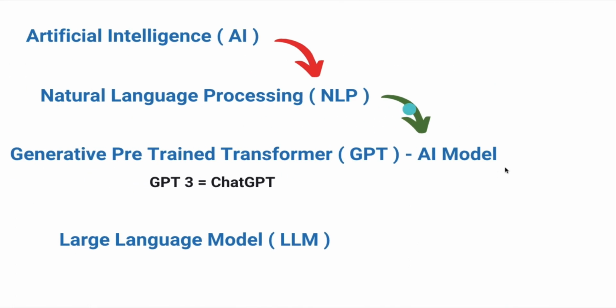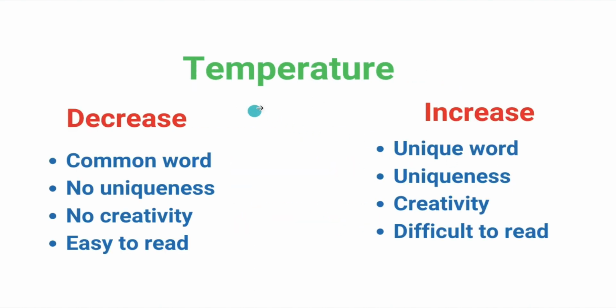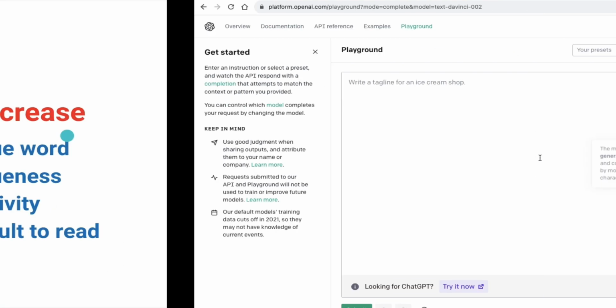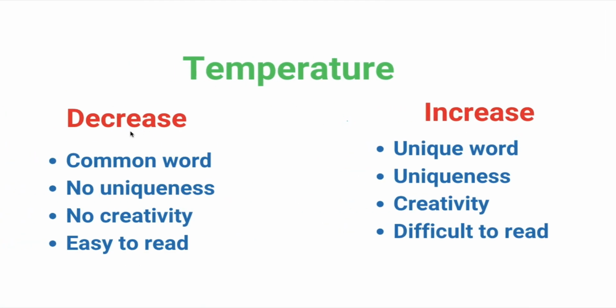If we talk about temperature, if you decrease it, what will happen is that the AI will give you a response in very common words.